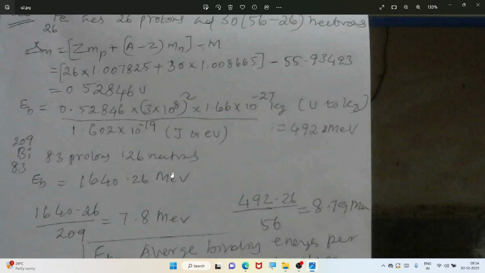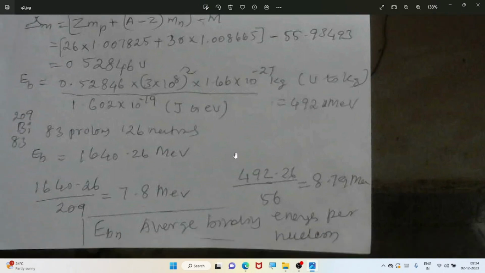This is the binding energy, then the binding energy per nucleon is this much. And for iron it is this much. So in this way we can compare which is more stable. This is more stable than this, as it has more binding energy per nucleon.